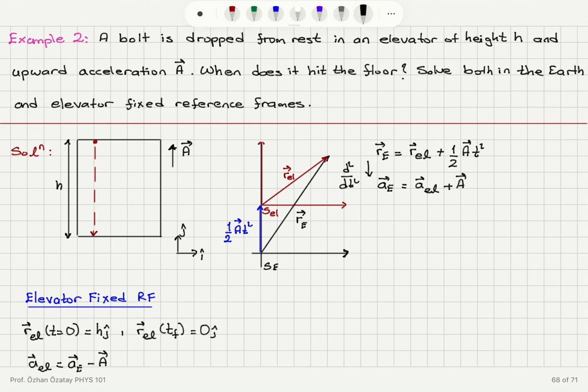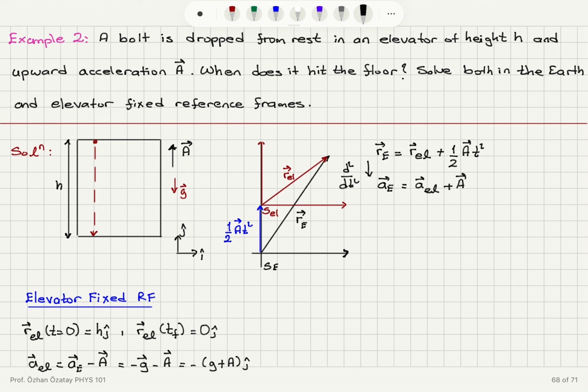And what is the acceleration in the Earth reference frame? Well, we have the gravitational acceleration g here. So we can see that this is going to be minus g minus a, which is minus (g plus a) j-hat. So g is our gravitational acceleration.